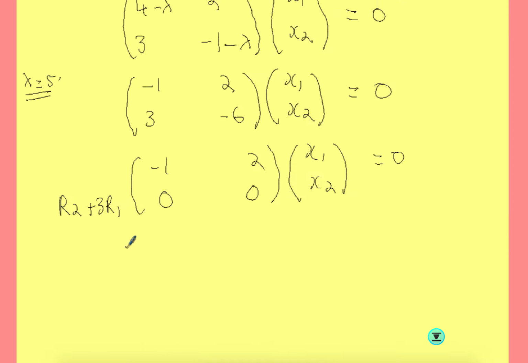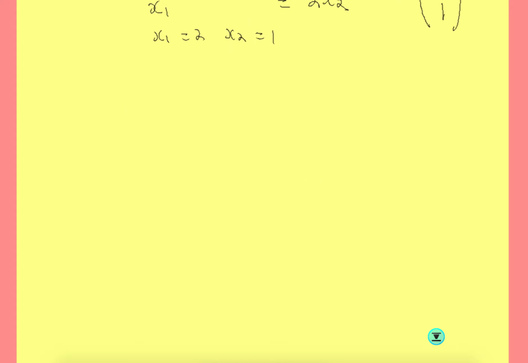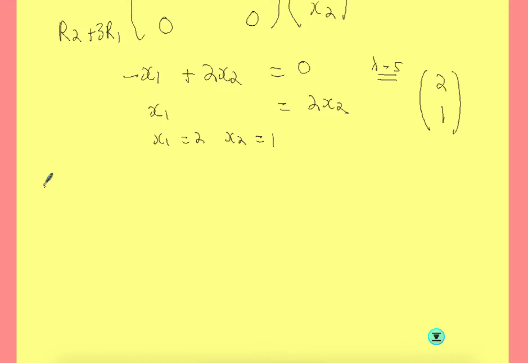We've got negative x1 plus 2x2 is equal to 0. So x1 equals 2x2. So that means that x1 is 2 and x2 is 1. So that means my eigenvector for lambda equals 5 is (2, 1). There we go. So that's the first bit done. Now I need to work out my eigenvector when lambda equals -2.